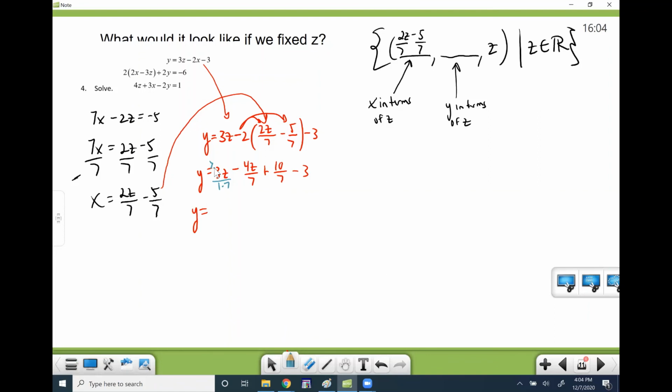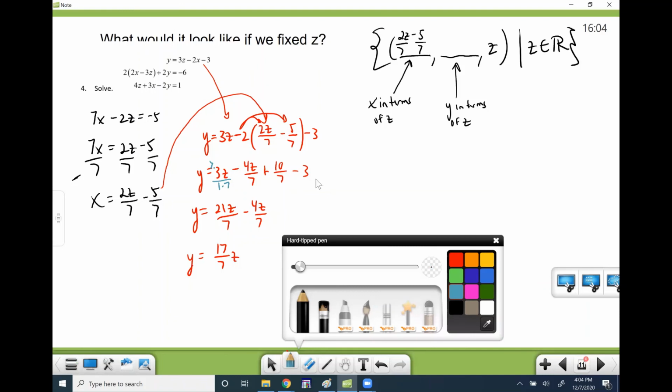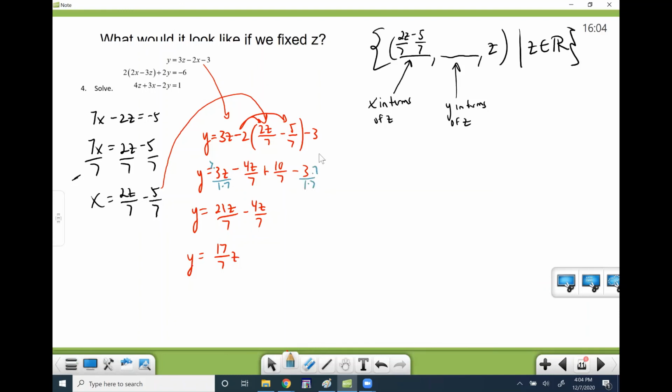So that's 21 over 7 minus 4 over 7. 21 minus 4, I think that's 17. And then do the same thing over here or punch it into your calculators. You guys have calculators. I'm just not used to that. So that's going to be 10 minus 21. That's going to be negative 11. Okay. Let me get some notes here. Okay. So this is Y in terms of Z.